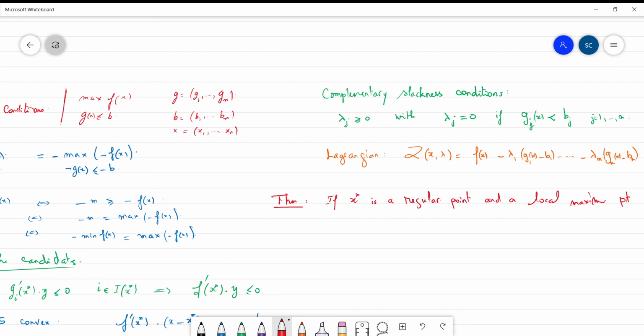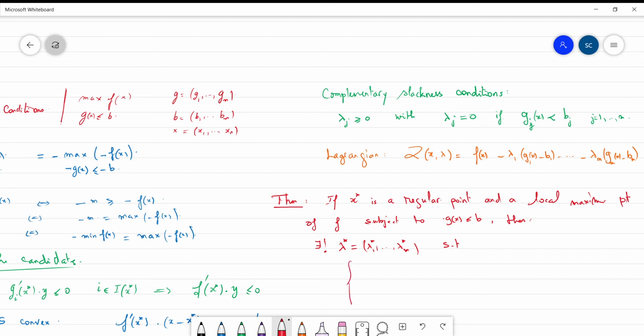of f subject to the constraints g(x) less than b, then there exists a unique Lagrange multiplier, lambda 1 star up to lambda m star, such that the canonical conditions hold.